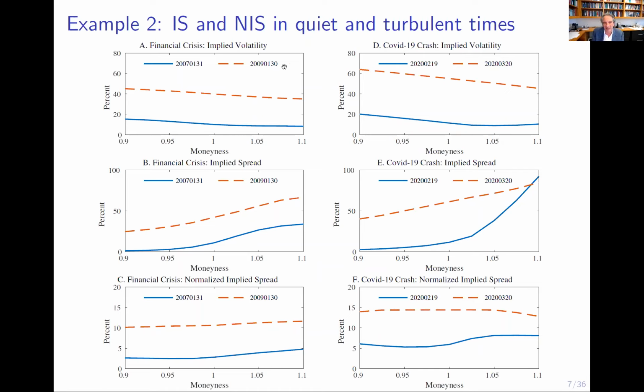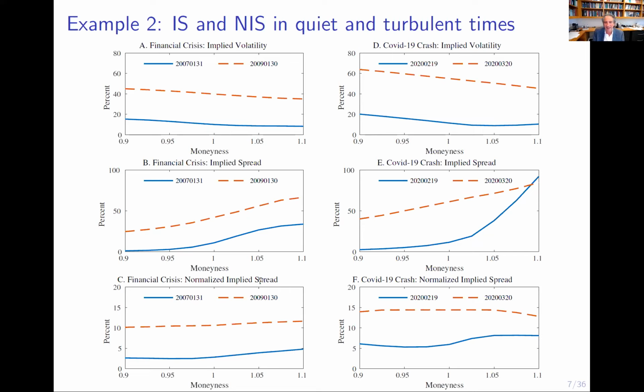The top is implied volatility, and we know that implied volatility went up in both cases. Well, implied spreads do the same. They just went up with the crisis, and the same for the normalized implied spread. So they behave qualitatively like the implied volatility. In bad times things get worse, and so they get bigger, in a sense.